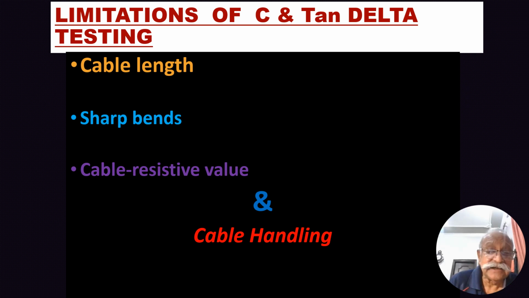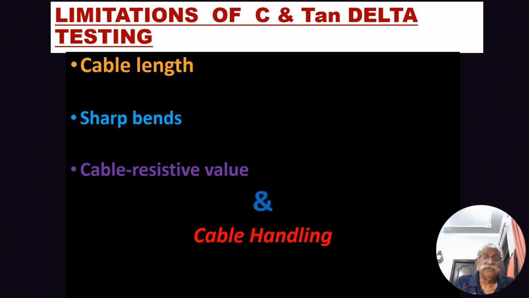Limitations of Cn tan delta testing. Cable length: cable length should be as minimum as possible. Sharp bends should be avoided, because when there are sharp bends in the cables, C changes. Cable resistance: this particular cable should have very low values. It should be pure copper. And cable handling: under normal course it should be stored in a proper fashion.